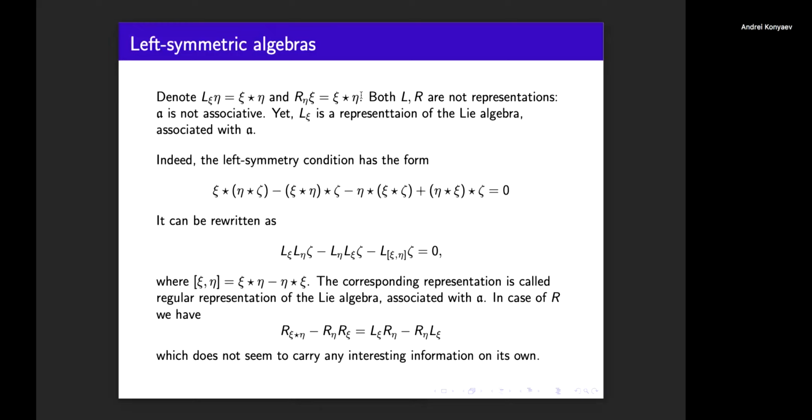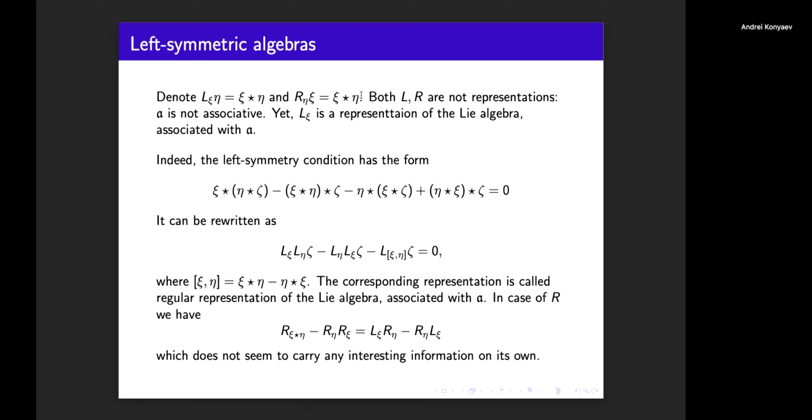But in our case, they are not representations because we do not have associativity in general. So these actions, both left and right, do have different meanings, but still they are quite meaningful. And let's get to this.